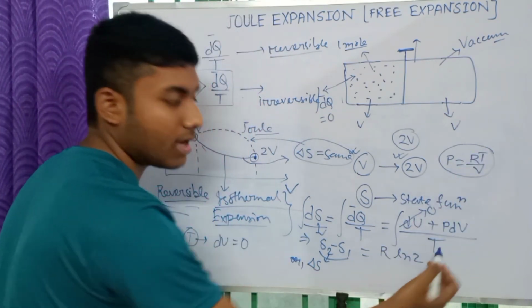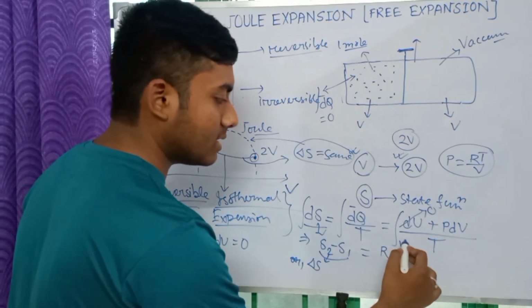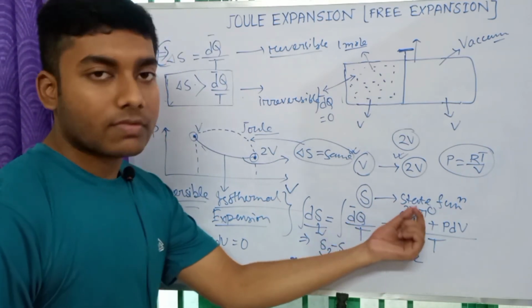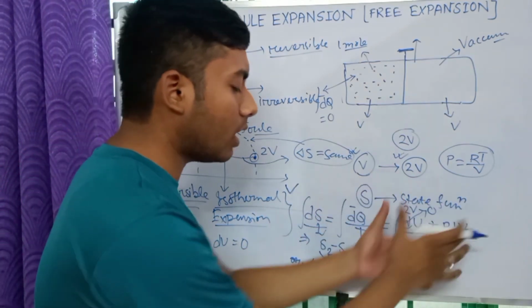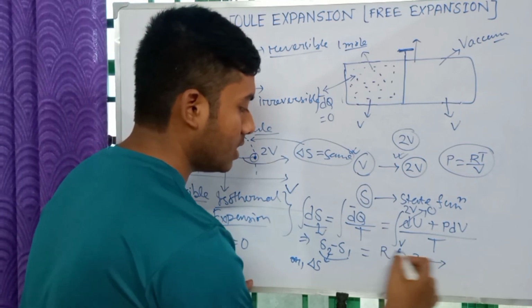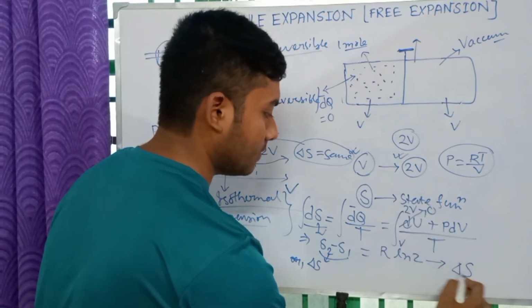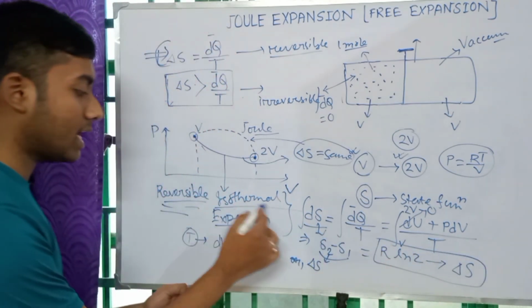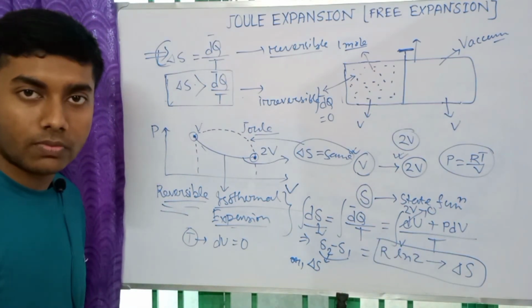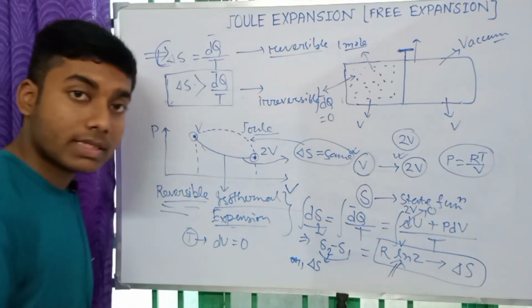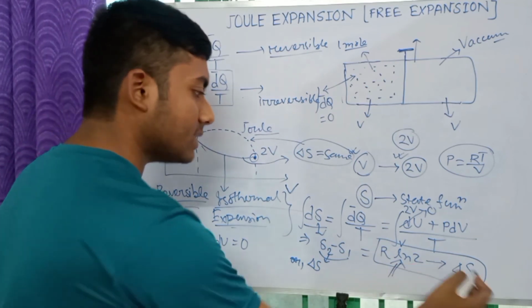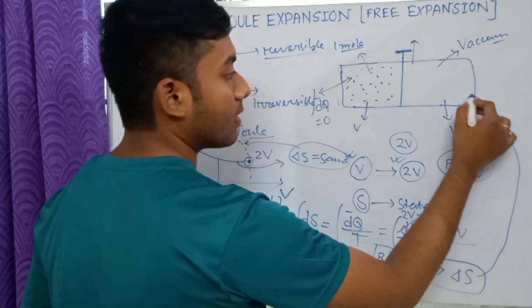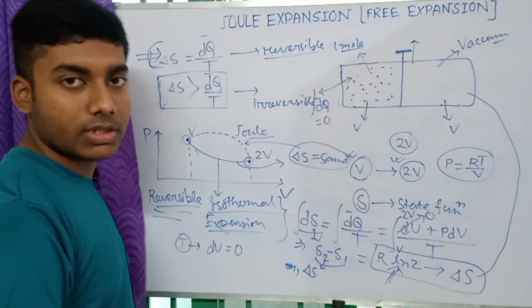After integration from V to 2V, where V is our initial and 2V our final volume, the result will be R ln 2. So our required del S for the isothermal expansion is R ln 2, which is a constant, and this is the same for our Joule expansion.